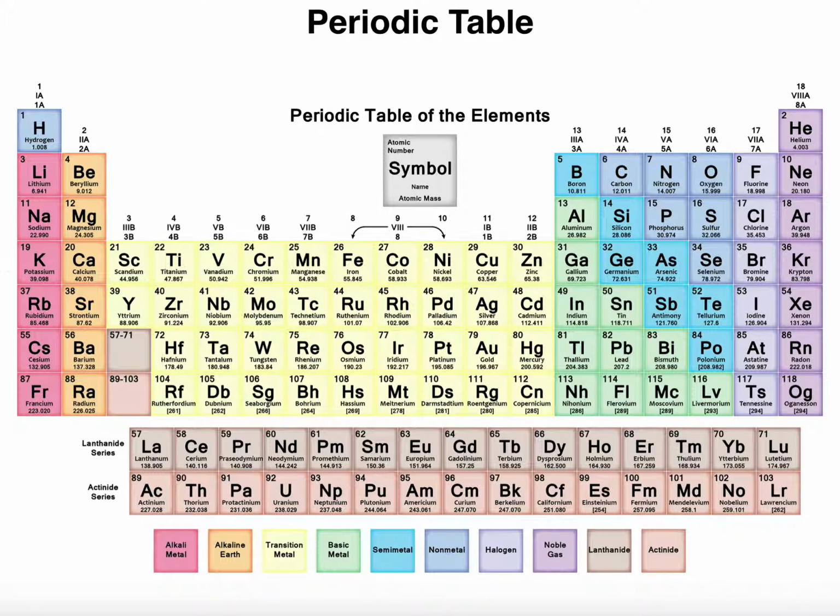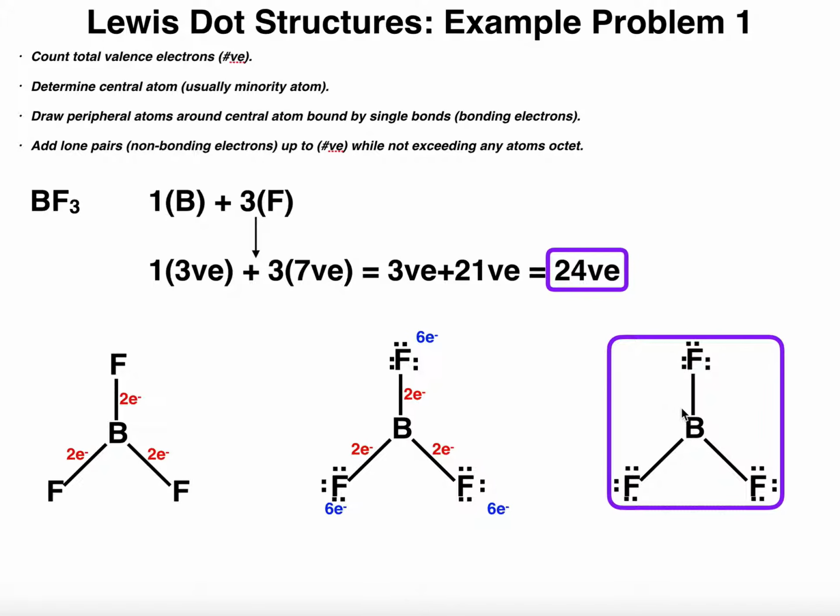In this case, boron only has 6 electrons, 2 electrons from each of these bonds. That's okay, but it would be very bad if these fluorines or the boron exceeded their octet, having more than 8 electrons.